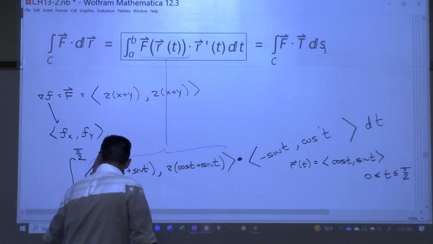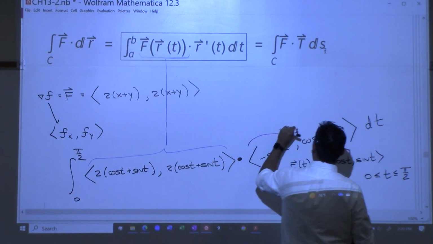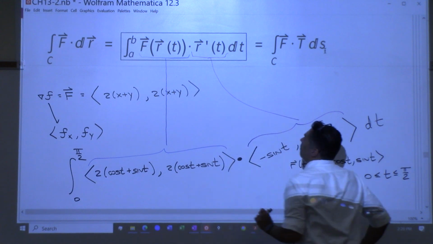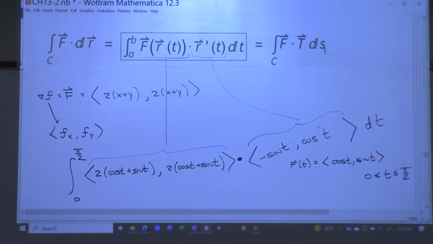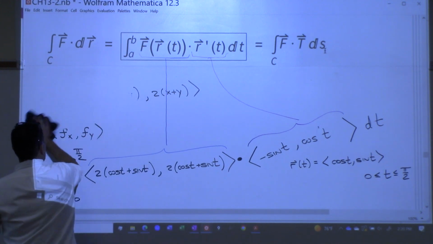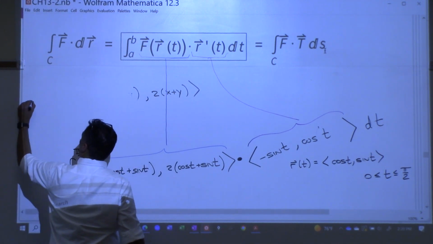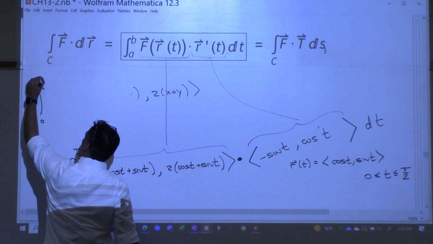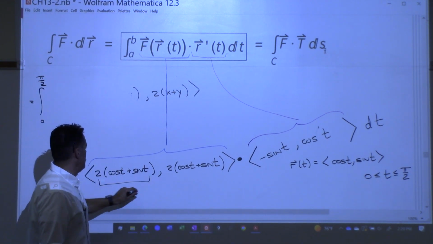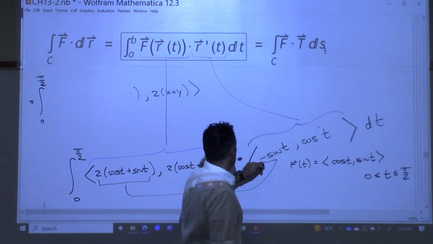And this right here is that right there, right? I'll put it here. Integral 0 to pi over 2. All right, when I dot, I'm going to take this and multiply this right there.